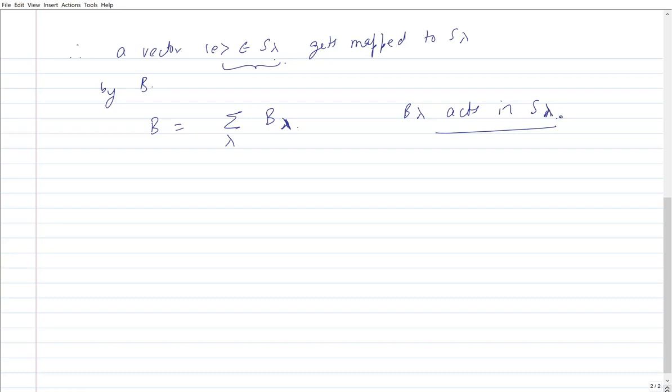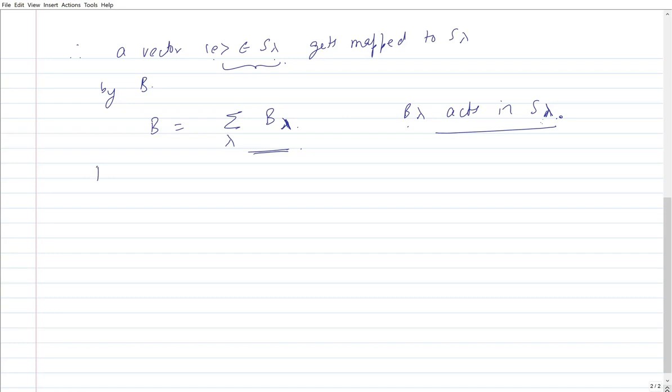That's essentially what's happening, because I can carry out this process for any vector belonging to different subspaces, and in those subspaces the action of B is to map the vector back into the same subspace. So I write B as a combination of such a decomposition, each characterized by B lambda, which acts in the eigen subspace of A.